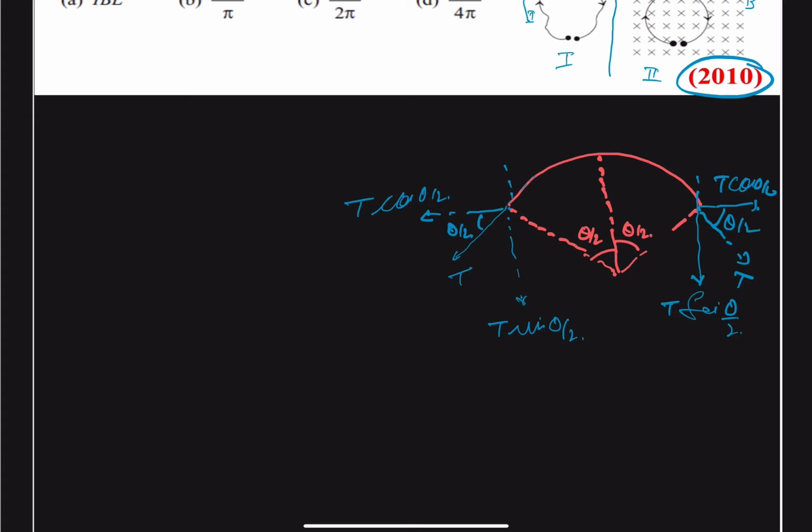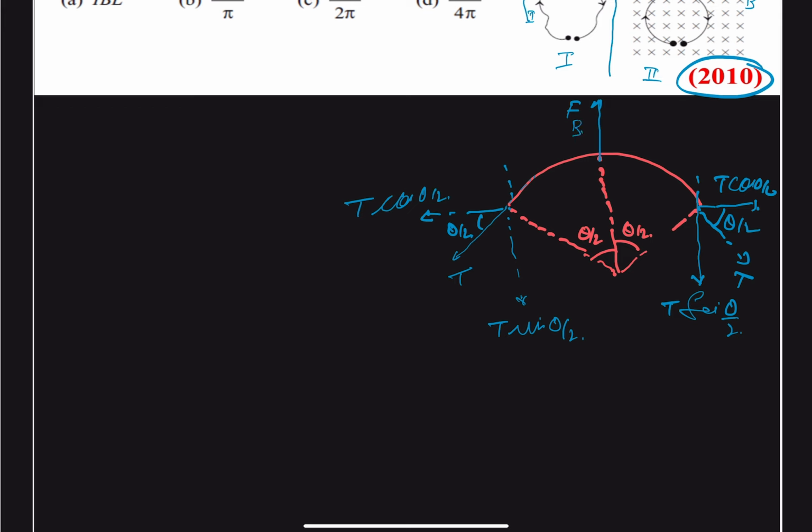And in the upward direction, because of this magnetic field, there will be some kind of magnetic force acting on this portion of the wire, and that will be in the outward direction. So let us call that FB.